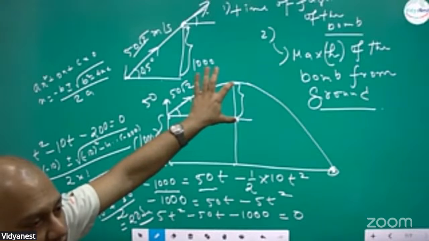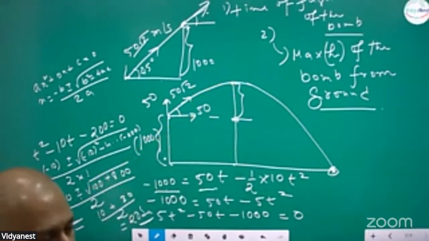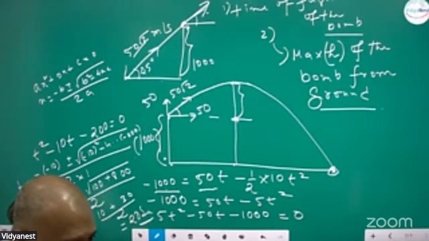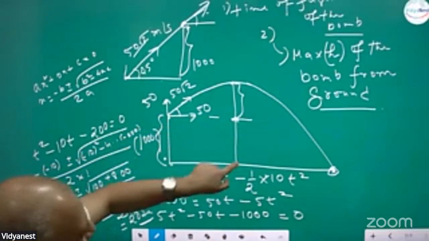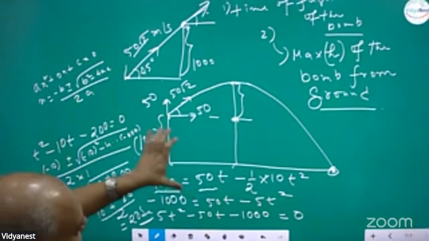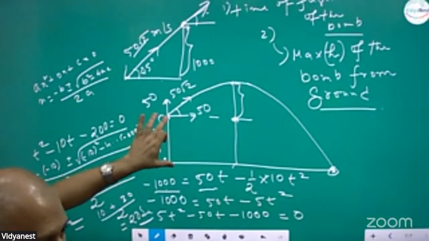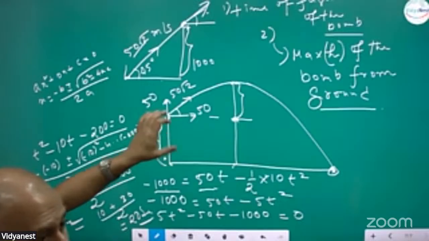What is the formula? U square sine square theta by 2g. U square sine square theta by 2g is the maximum height at this level, plus the 1000. This 1000 is the height from where the bomb was released.